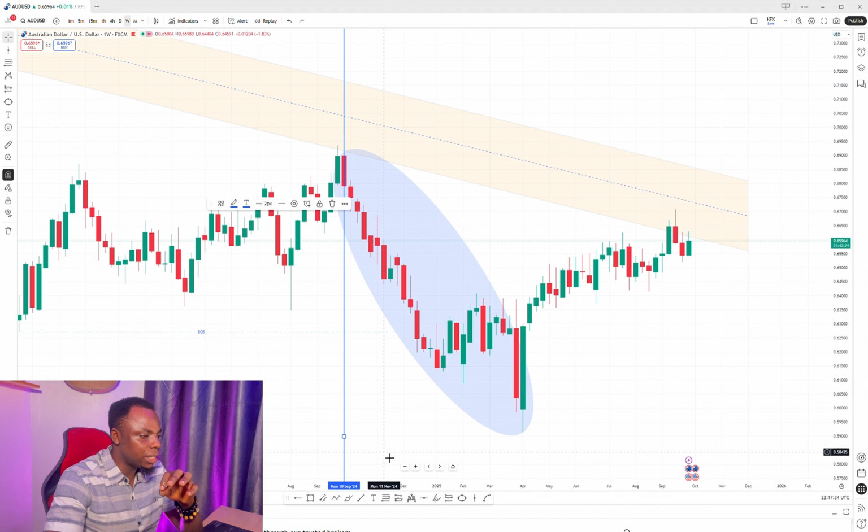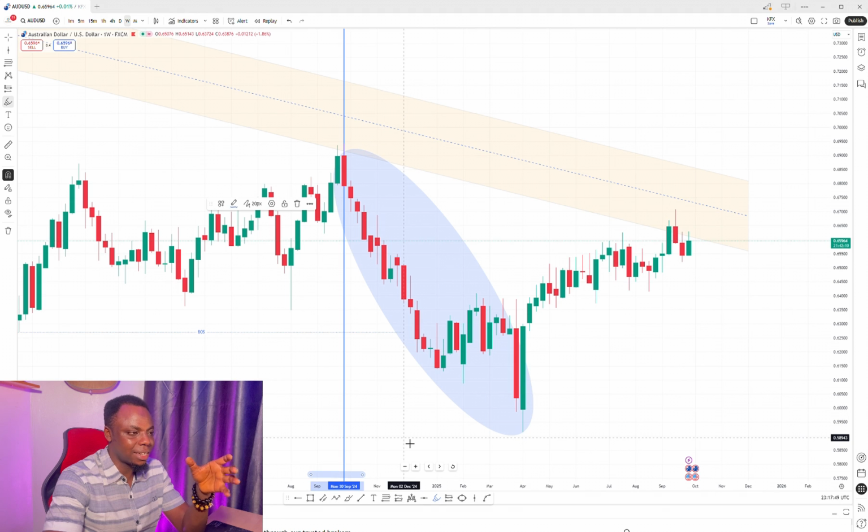Now let's look at the date on my screen. This is Monday 30th September 2025. This time last year, Monday 30th September 2024, the last weekly candle happens to be a bearish candle.